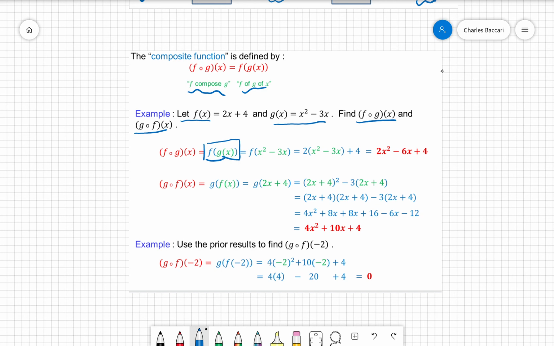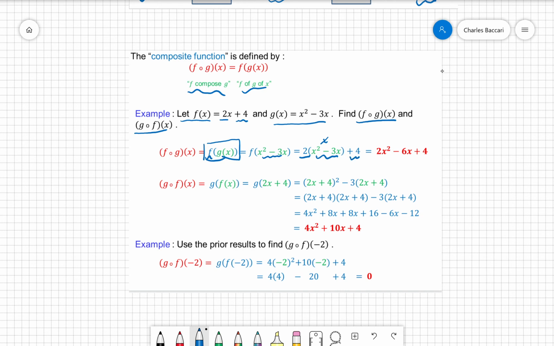What we're doing is we're taking the function g and we're plugging it into f wherever we see x in f. So what that means is this is f, 2 times, this is what x used to be, but now it's g, we're replacing it with this. And then plus 4.